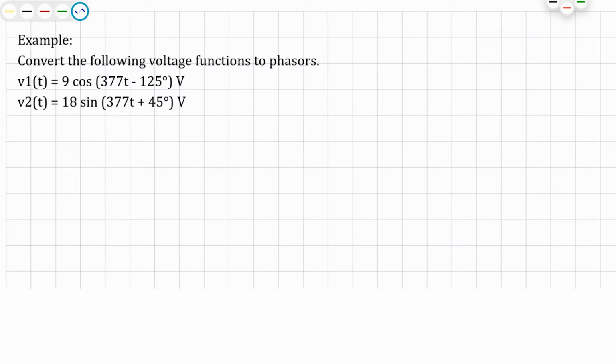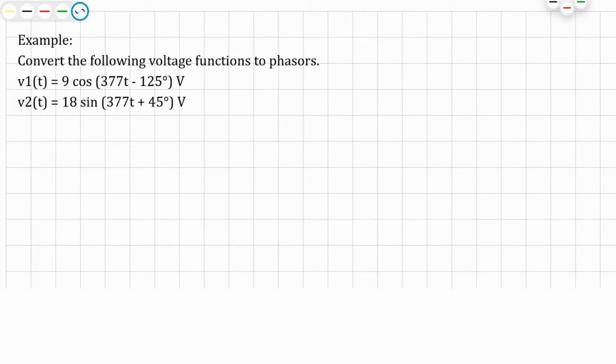Now, the first example here is that we want to convert the following voltage functions to phasors. We have V1 that is equal to 9 times cosine of omega t minus 125 degrees volts, and V2 is equal to 18 times sine of 377 t plus 45 degrees volts.